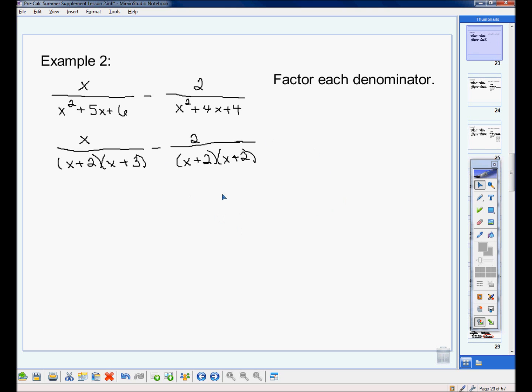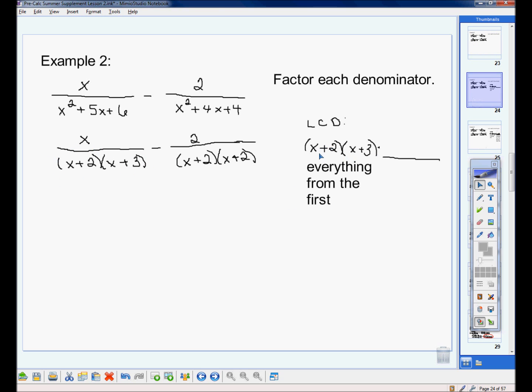So let's move on to what we're doing here. We're looking for the least common denominator. Remember, we said we always start with the denominator of the first fraction. So we have to have an x plus 2 times an x plus 3 in the denominator of both. Then we look at the second one and we put in here whatever is found over here that is not found over here.